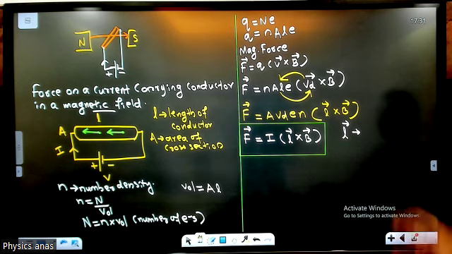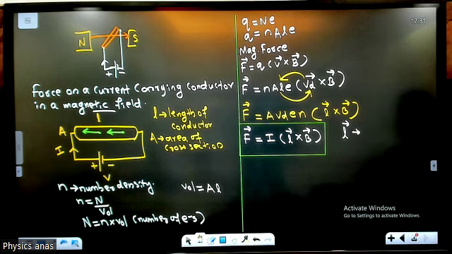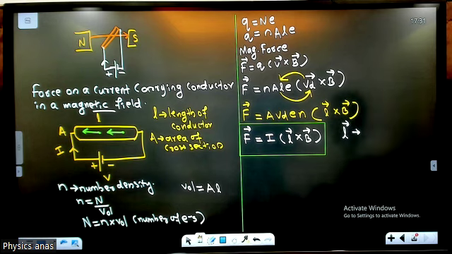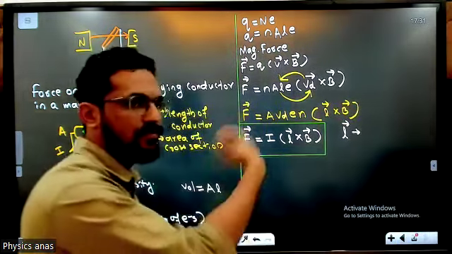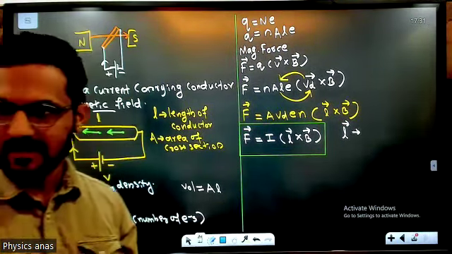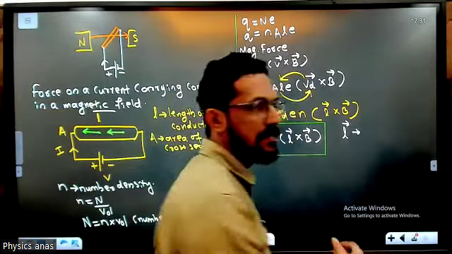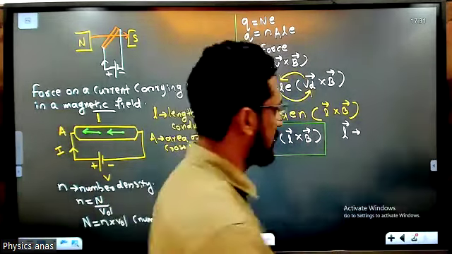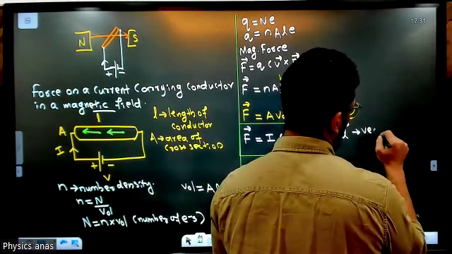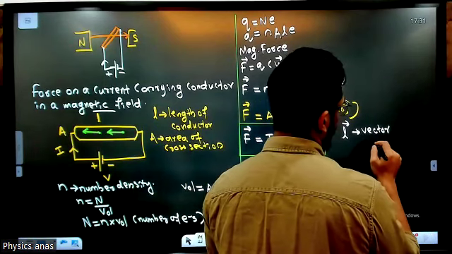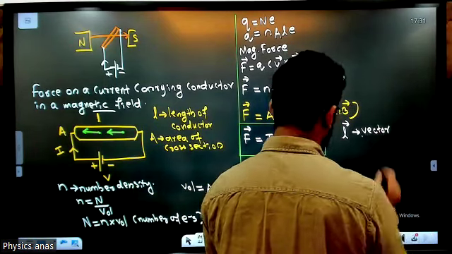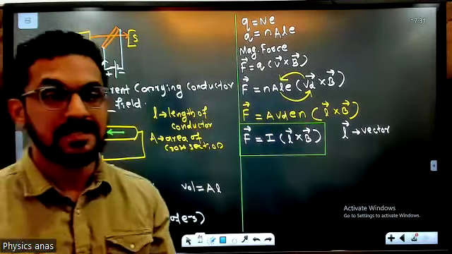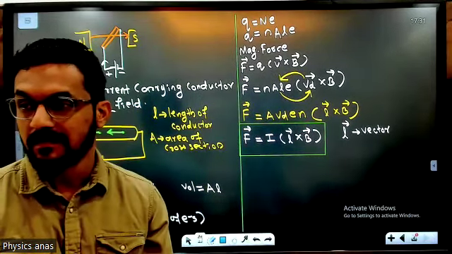And what is this L? L is a vector having the same direction and magnitude of current. What is the direction of that vector?